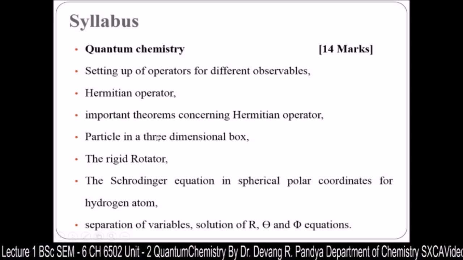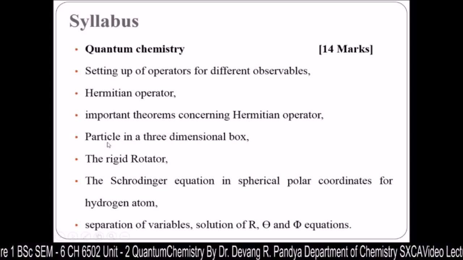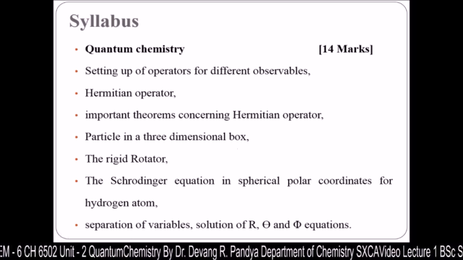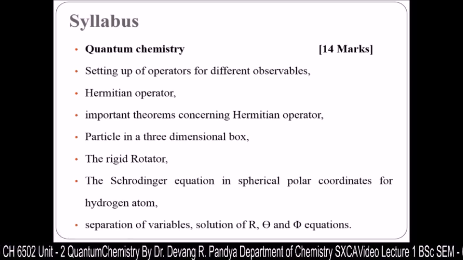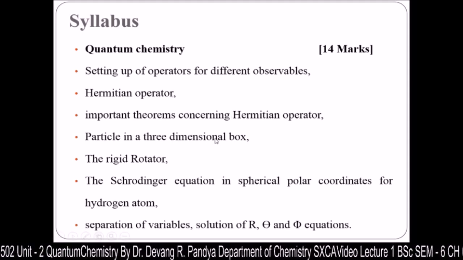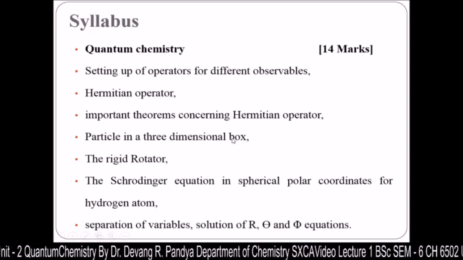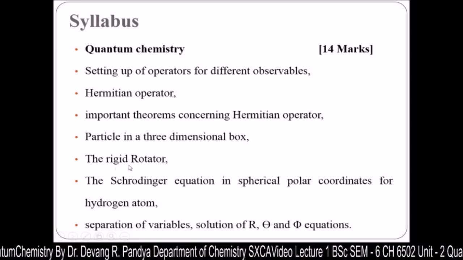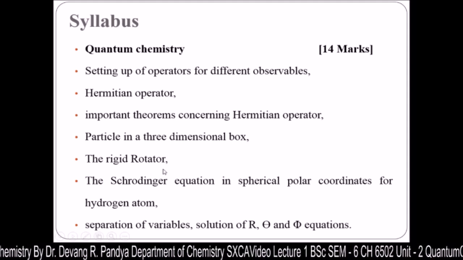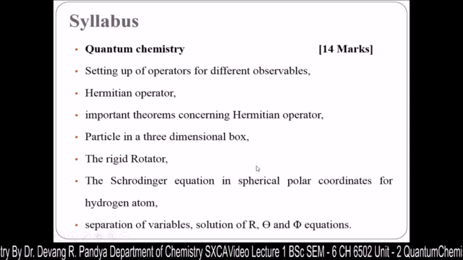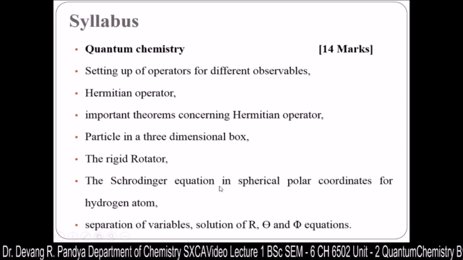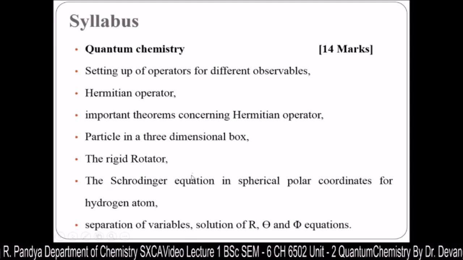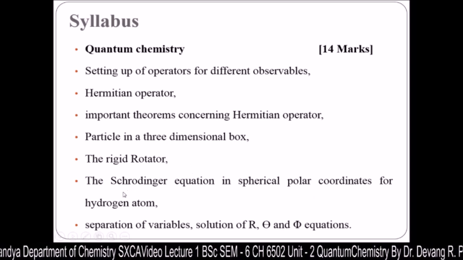Then in the next lecture we're going to discuss the particle confined in a three-dimensional box, derive the energy for the particle confined in this three-dimensional box, and learn the degeneracy of the electron confined in it. After that we'll discuss the rigid rotator and rotational spectra, and then the Schrodinger equation in spherical polar coordinates for the hydrogen atom, that is, the application of the Schrodinger equation on the hydrogen atom.